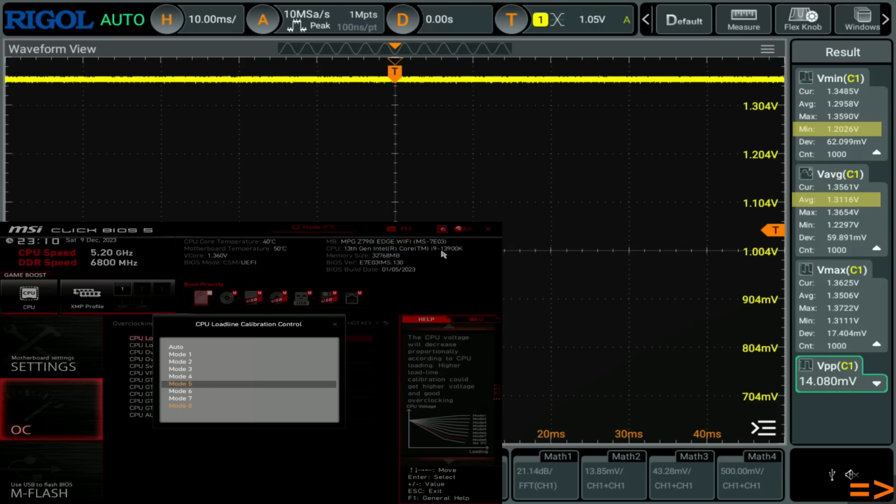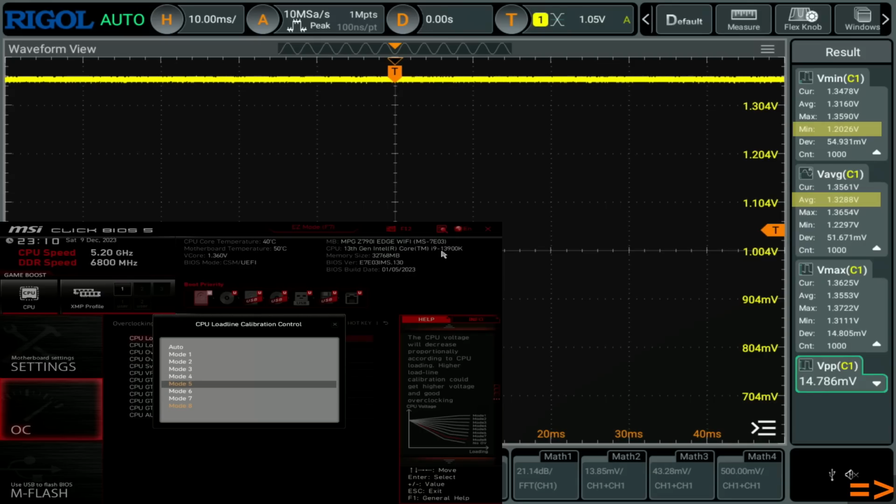Mode 5 could have been 1.34. Mode 4 could have been 1.3. Mode 3 could have been like 1.26, 1.22, 1.18. I really think if these were even steps of 40 millivolts in terms of how much V-droop increases, that would have been a lot better than what we actually have here, which is 10 millivolt steps between the first 5 LLC settings, which makes basically 2, 3, and 4 completely useless.